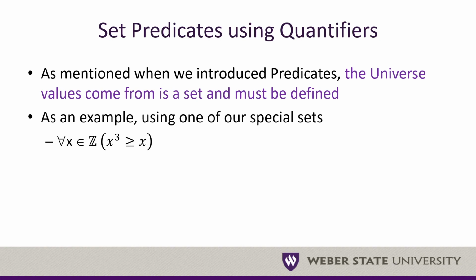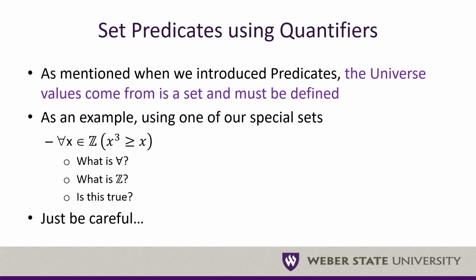So it's smaller. You really have to be careful with the mathematics on these, and that's kind of the thing. So as we know, the upside down A is the universal quantifier, z is the set of integers. Is this true? Nope. No, it's not.